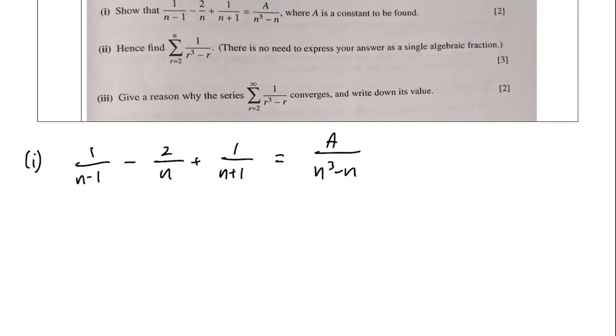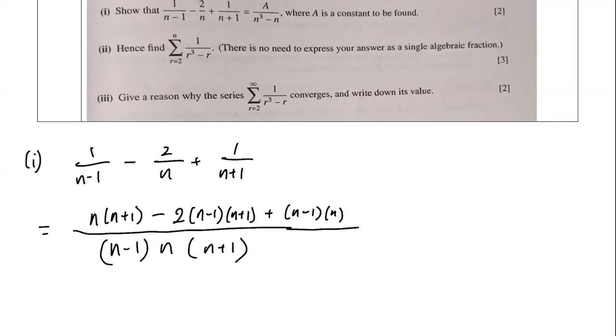This right hand side, we can just ignore it for now. We'll come back to it later. Just combine this into a single fraction. So it's n minus 1 times n plus 1. So what do we get? This guy must be n times n plus 1 minus 2 times n minus 1 n plus 1 plus n minus 1 times n. Yeah, correct.